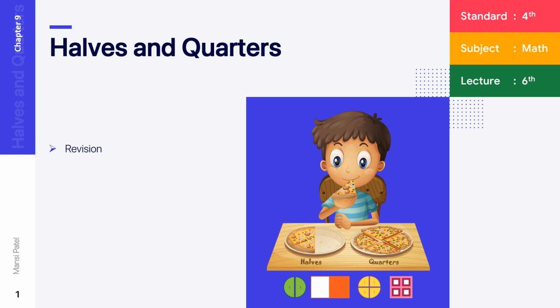After that, we will see some examples of equivalent fractions and also the meaning of equivalent fractions, and after that we are going to study the new topic, that is the fraction of a set. What is the meaning of fraction of a set and how are we going to find it out? Let us see.